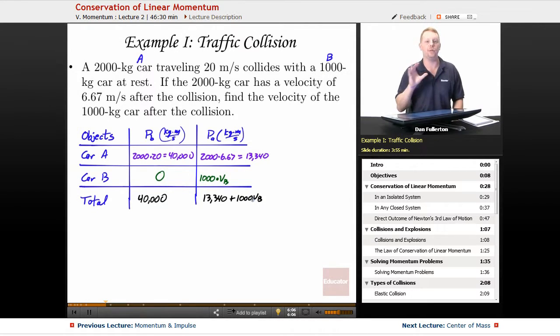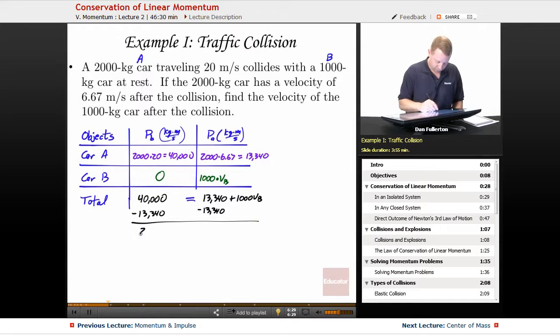Now we apply the law of conservation of momentum, which says that the total momentum before the collision has to equal the total momentum after the collision. We do that by just stating that our totals here must be equal. A little bit of algebra. 40,000 equals 13,340 plus 1,000 VB. Let's subtract 13,340 from both sides.